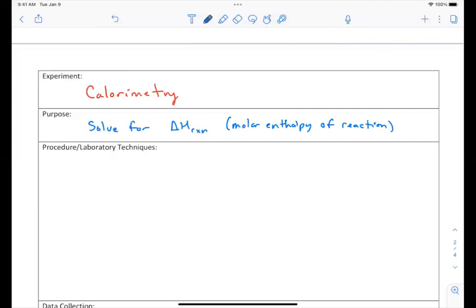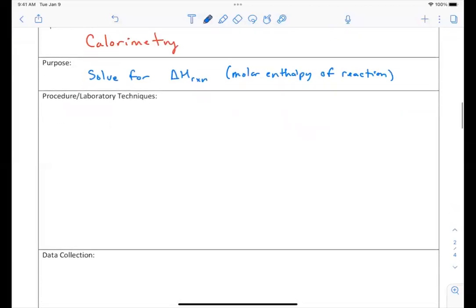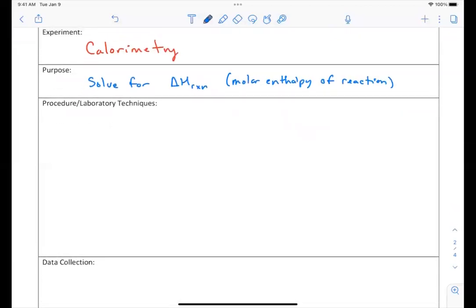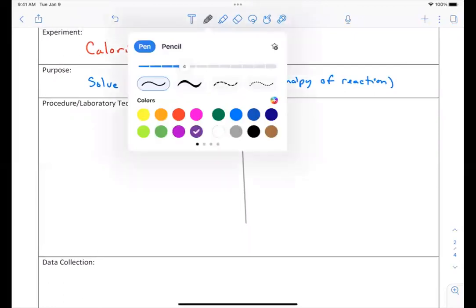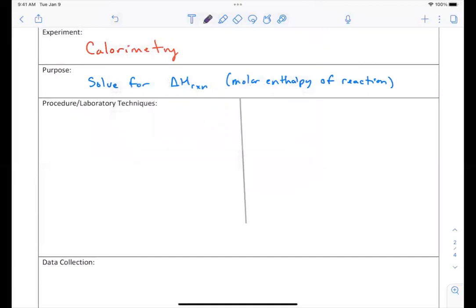Okay. And there are 2 types of calorimetry that you might have to deal with. And so I'm going to talk about both of them. We are going to split this up, at least in the procedure part, in half. One type is what we call coffee cup calorimetry.